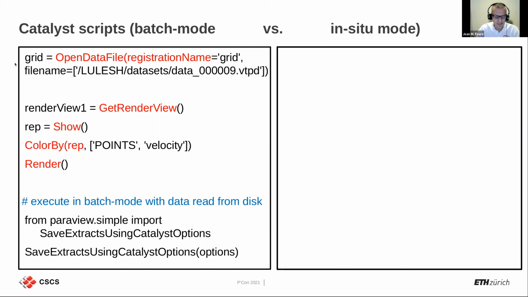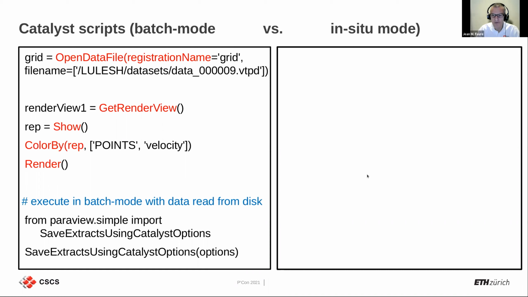If I add some extractors to it and I execute in batch mode, with this particular import, I can save all my extracts using the Catalyst options which are defined by ParaView. This is on the left side of my screen, the Python script which ParaView would read both in an interactive session and also in batch mode.